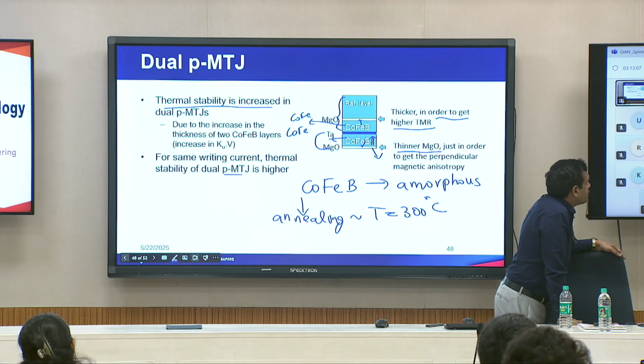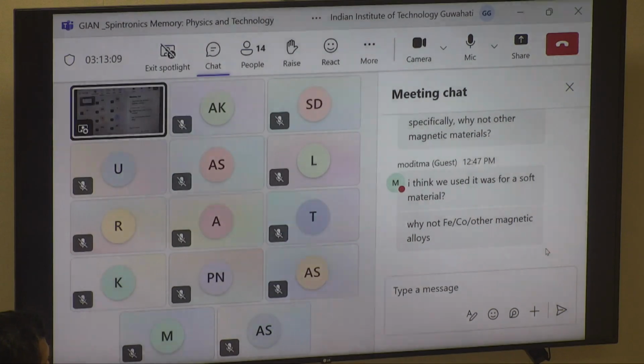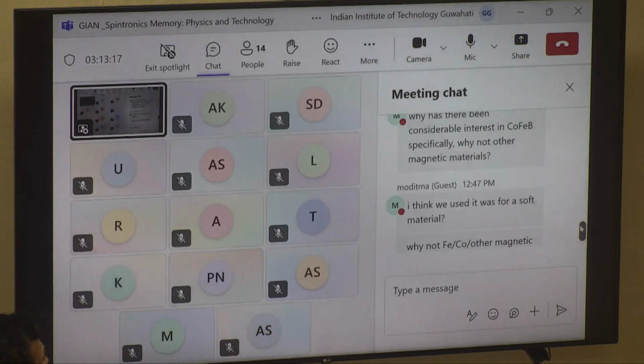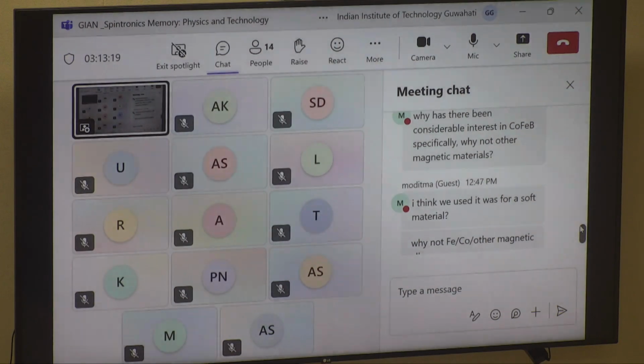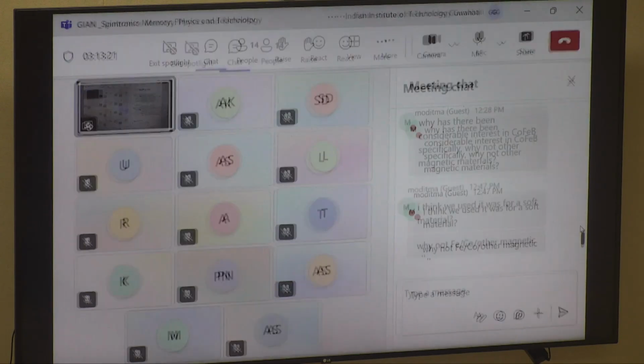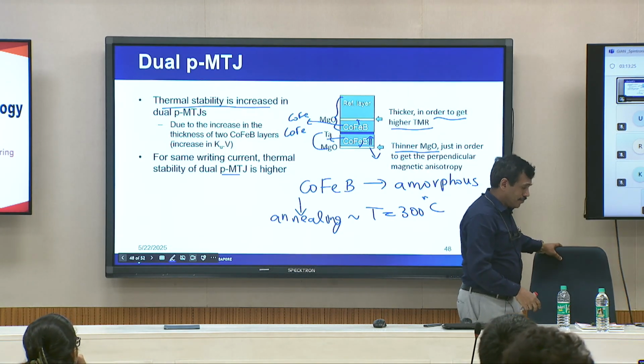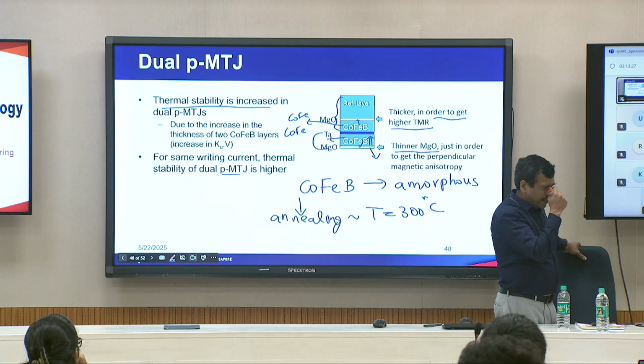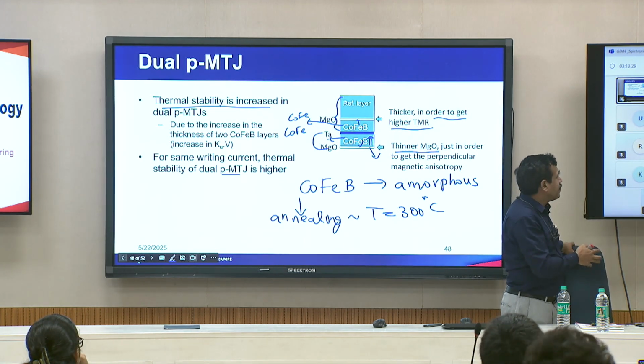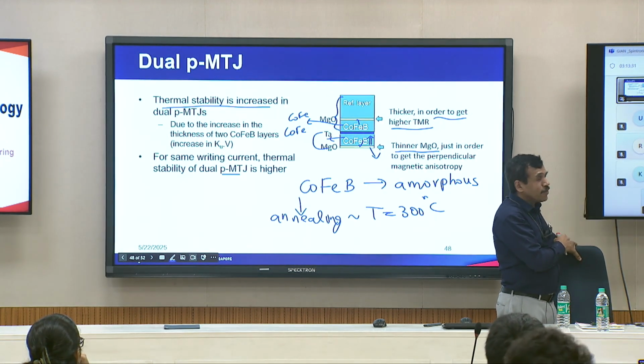So why not iron, cobalt, or other magnetic alloys? I think we answered the question. Today I presented a very coherent story of people looking at many different materials, then finally arriving at iron, cobalt, boron.